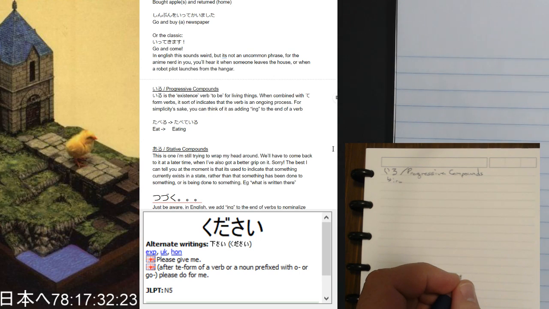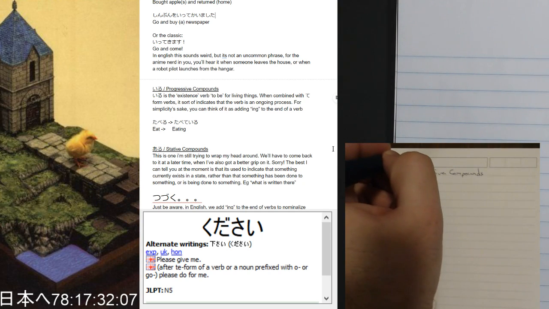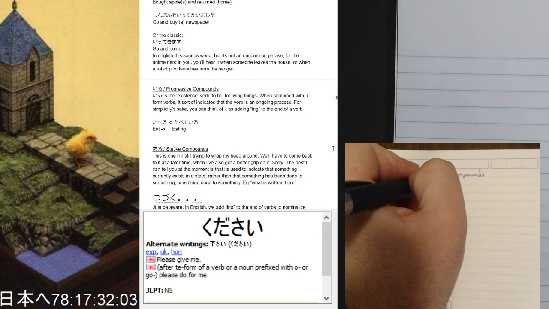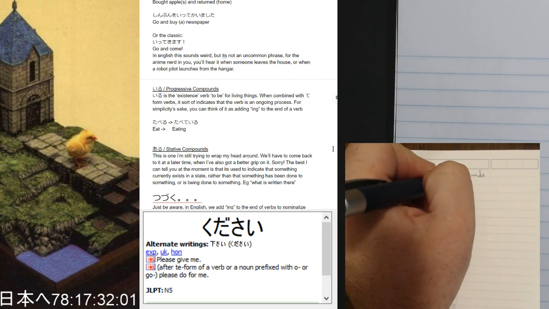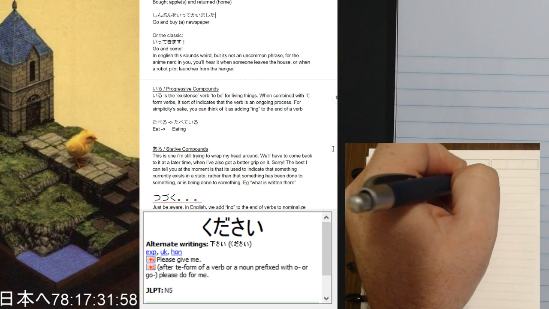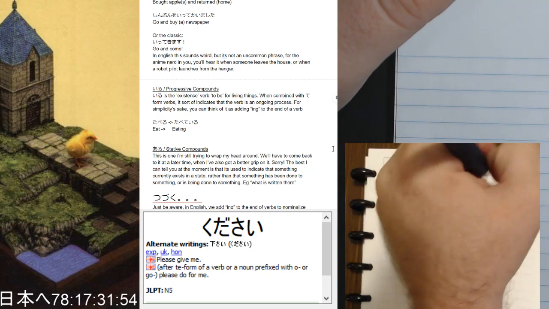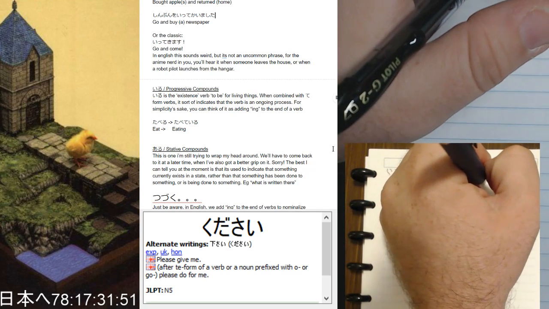So you put it into te form, and then you add iru, which is the verb to exist. You're slapping the verb to exist on the end of a different verb. It's the same basic concept we were just talking about of movement, combining two verbs together, but we're doing it with the existence verb.